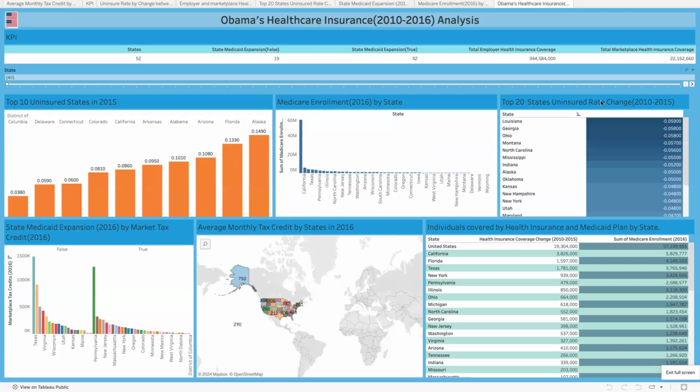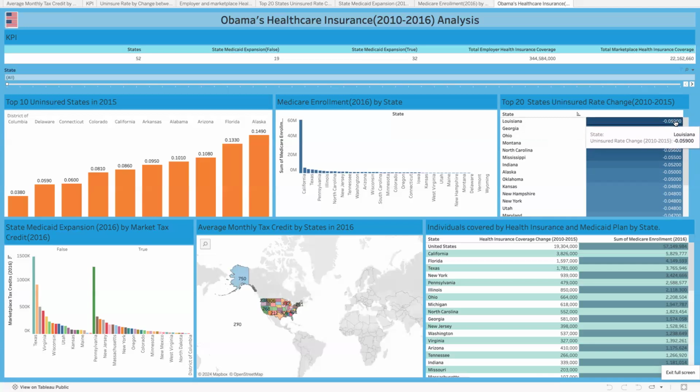Then the top 20 states by uninsured rate change, which is the difference between the uninsured rate in 2010 and 2015. We can see that in Louisiana the uninsured rate change is approximately 6%.